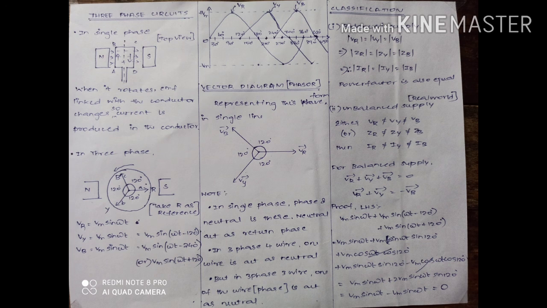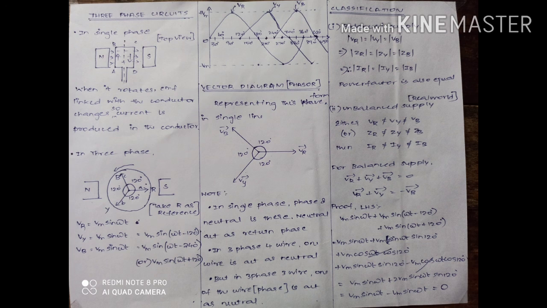In the next step, we expand sin(omega t minus 120 degree) using the formula for sin(A minus B). Sin(A minus B) is equal to sin A cos B minus cos A sin B, and sin(A plus B) is equal to sin A cos B plus cos A sin B.